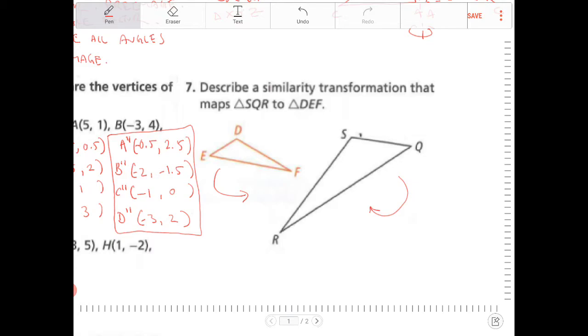What that implies is there has to be a reflection, because reflections do not preserve orientation, if you recall. So we're going to reflect this, and if you reflect SQR, we'll end up over here.